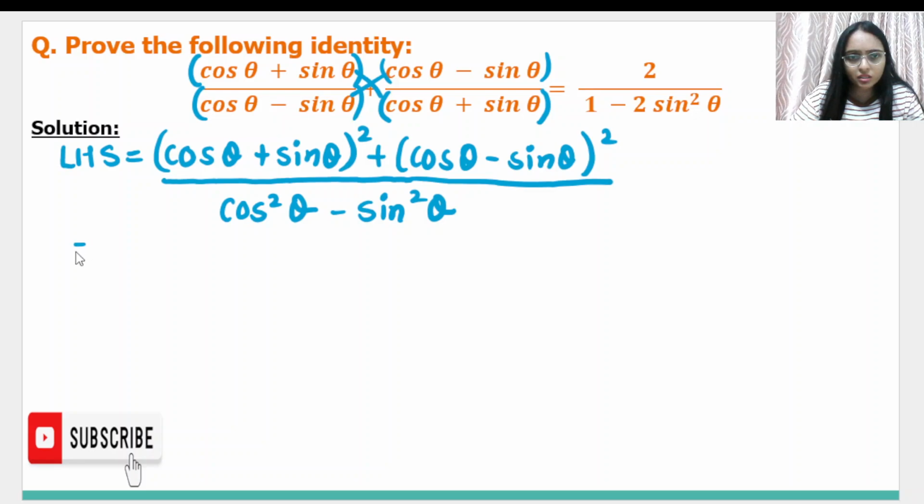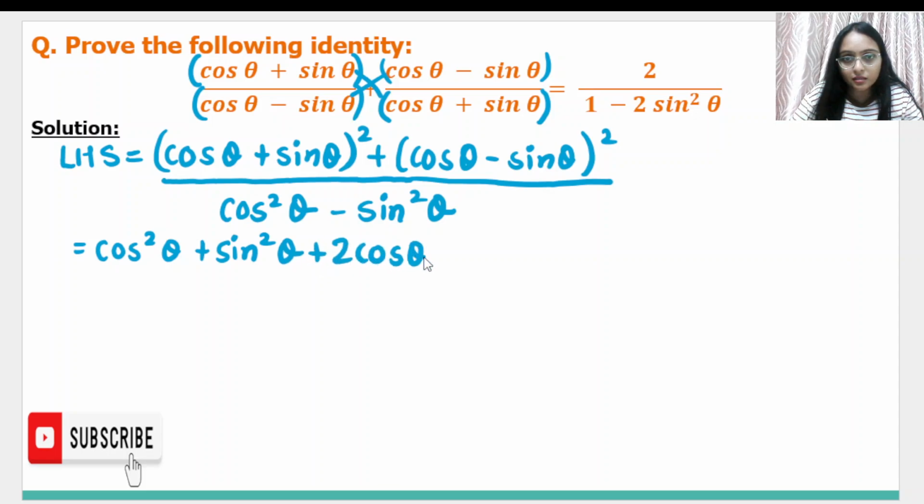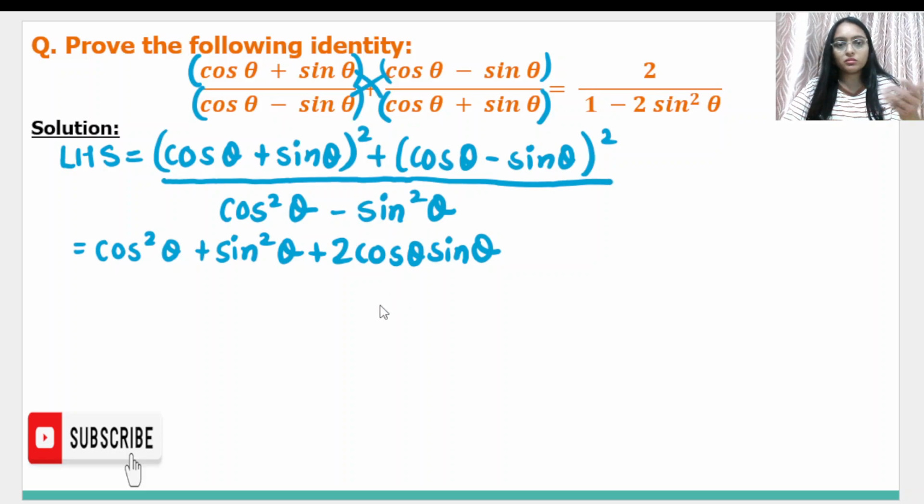Now we will use algebraic expansion, which is a plus b the whole square and a minus b the whole square. So we know that a plus b the whole square is nothing but a square plus b square plus 2ab. Correct? So instead of a I have written cos theta, instead of b I have taken sin theta.